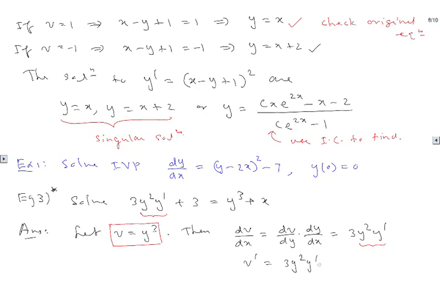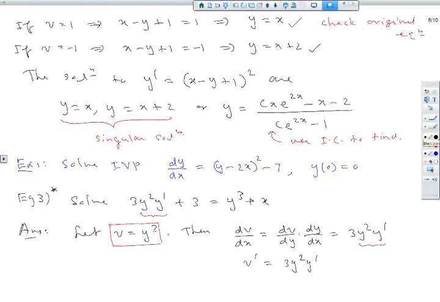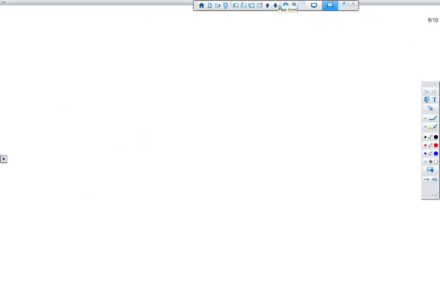Okay, so by substituting, we can have v prime plus 3 equal v plus x.